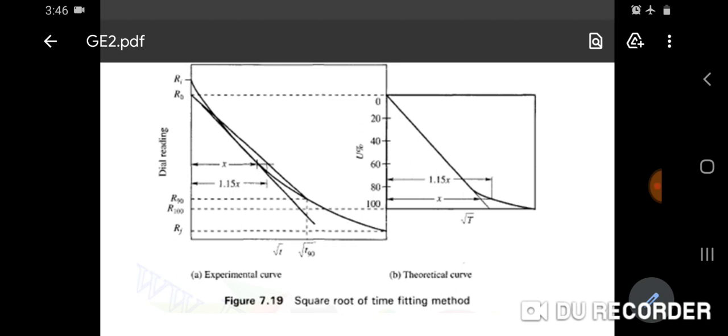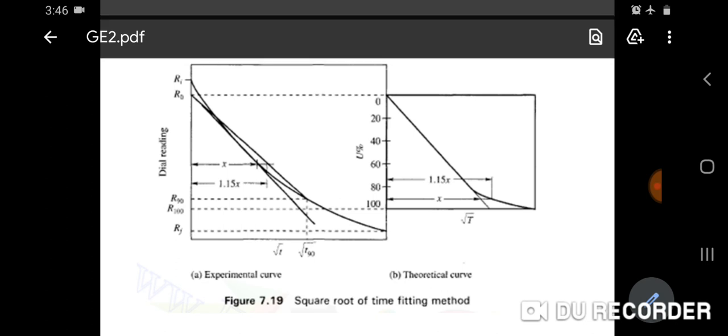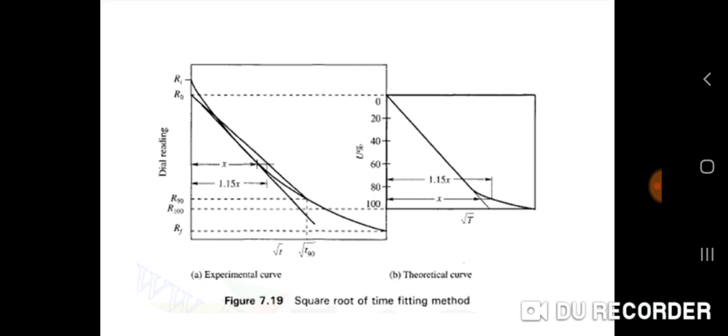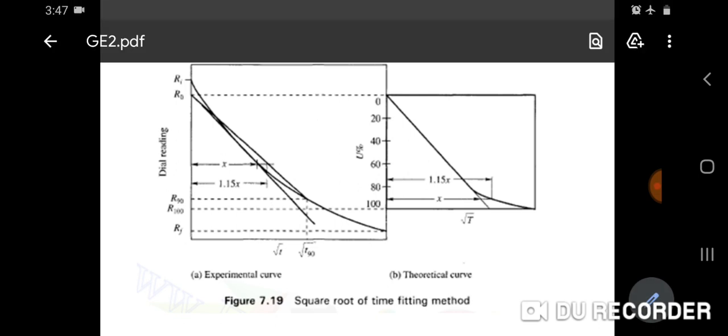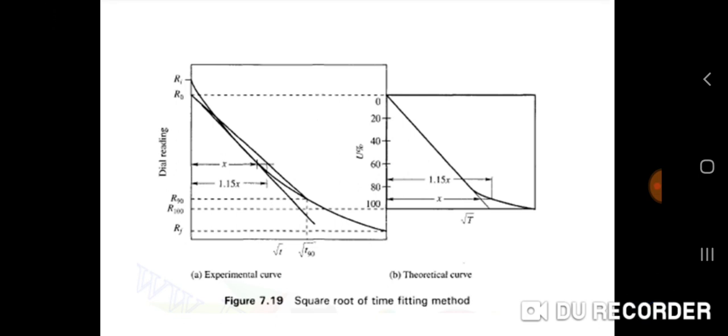Once you apply the 1.15, we get one value at square root of t90, the 90% square root time, and at the bottom the time is taken as square root of t90. Now we calculate the CV from this value. CV is TV d square divided by T90, the coefficient of consolidation, and once again this is based on the practical curve with square root t.